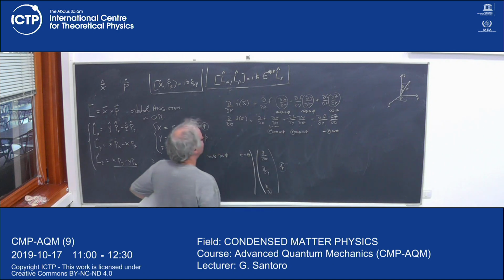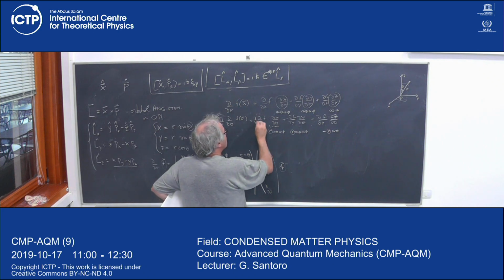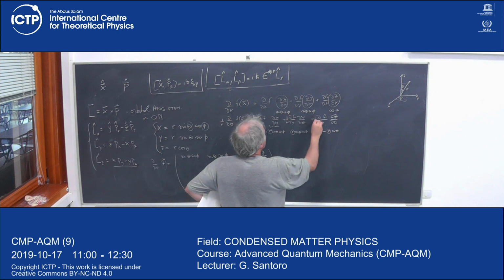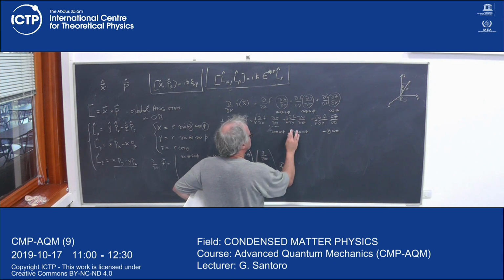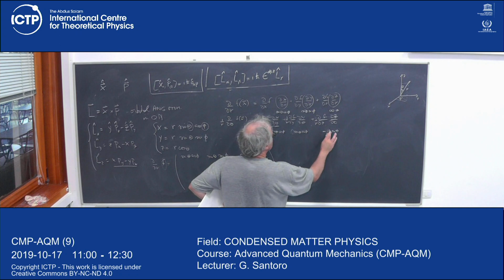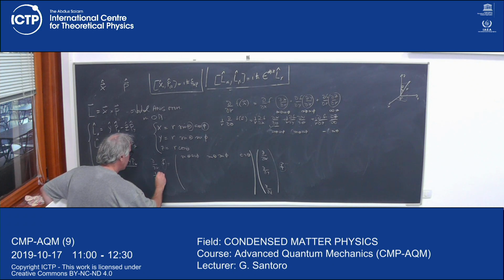Okay? So let me just calculate 1 over r. And if I do it 1 over r, this factor goes. Okay? Good. Now I put this in my 1 over r, the derivative with respect to theta of any function f.